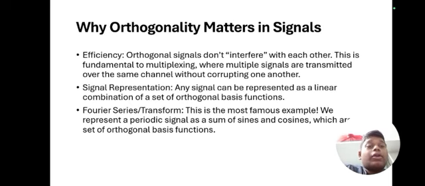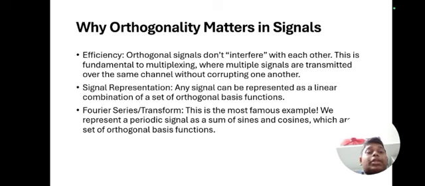And why does orthogonality matter in signals? Efficiency: orthogonal signals don't interfere with each other. This is fundamental to multiplexing, where multiple signals are transmitted over the same channel without corrupting one another.